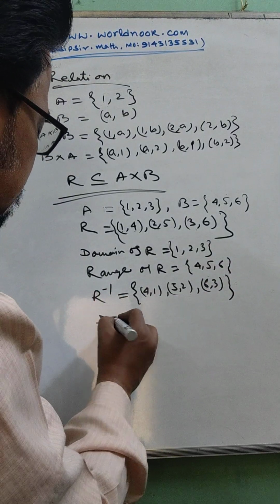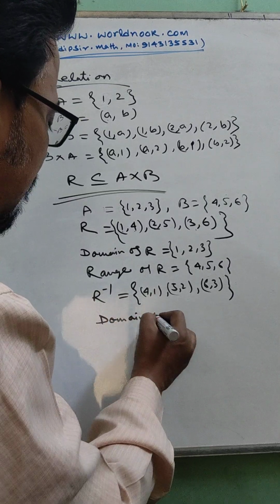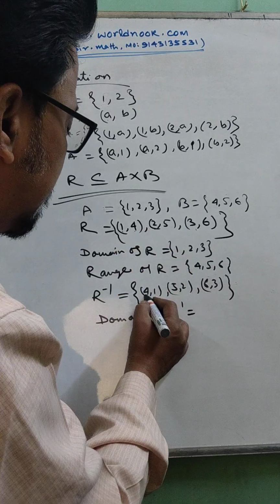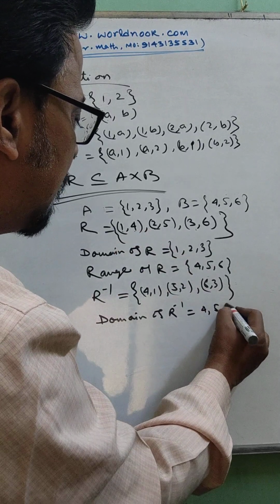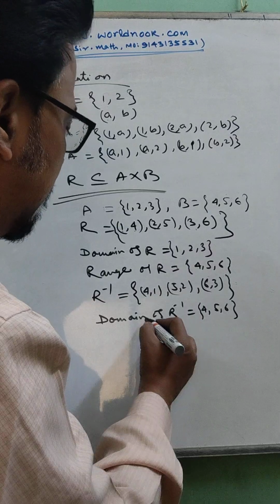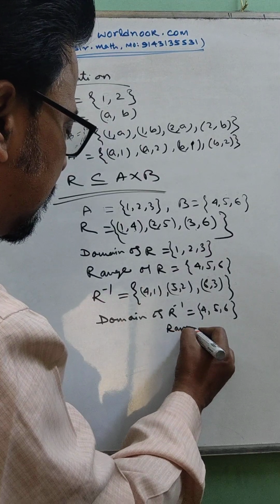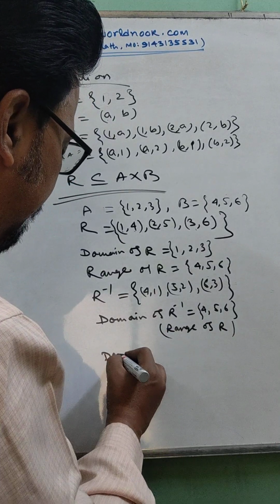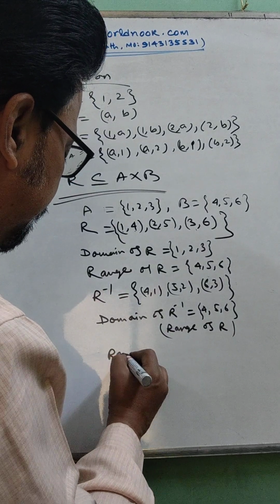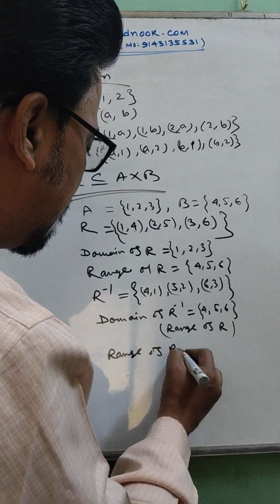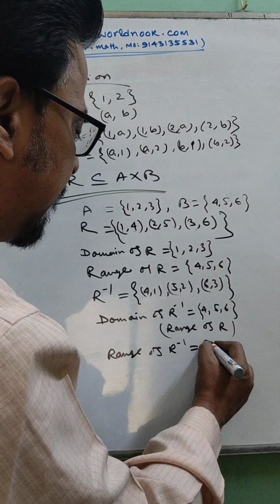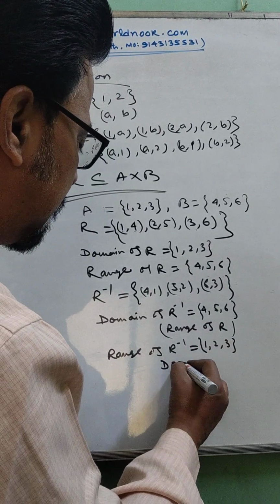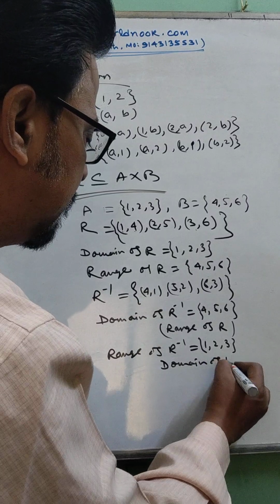For R inverse, domain of R inverse is {4, 5, 6}, which is the range of R, and range of R inverse is {1, 2, 3}, which is the domain of R.